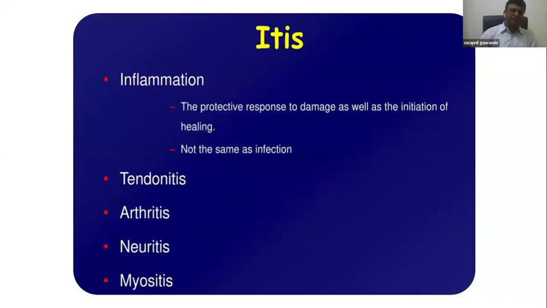As you all know, infection is not the same as inflammation. Then the common use, when we integrate this term with the soft tissue terms, is tendonitis, arthritis, neuritis, and myositis.